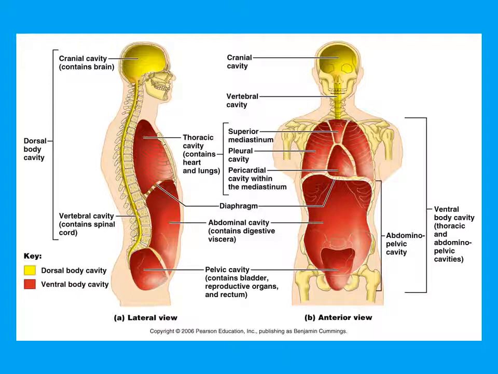And then in the front you have your ventral cavity, which contains the thoracic cavity. The division, remember, was that diaphragm. And then beneath that you have your abdominal pelvic cavity. Basically, like I said, there's not a distinct division, but it's kind of along the hip line.